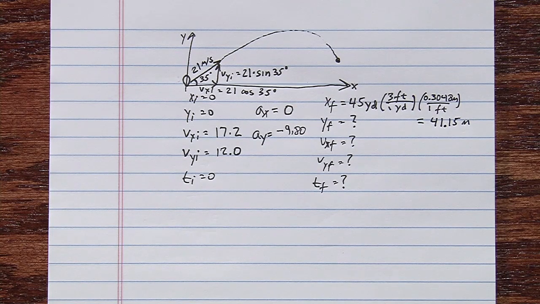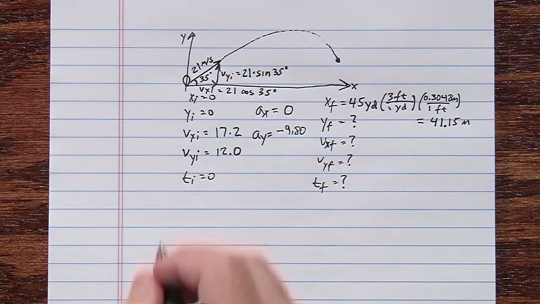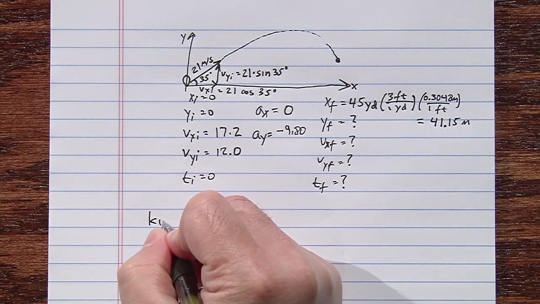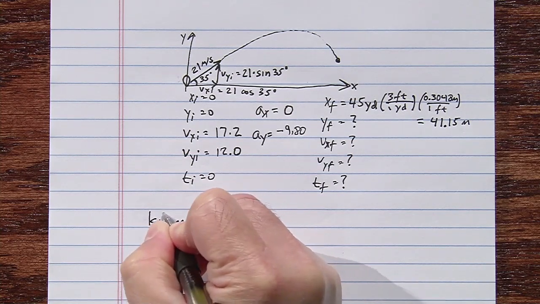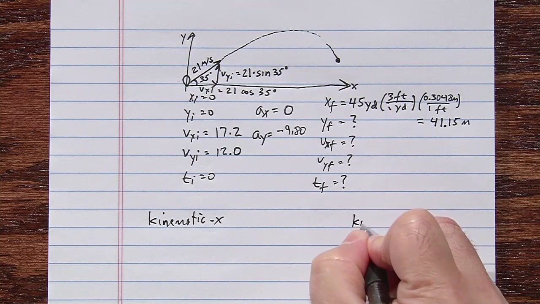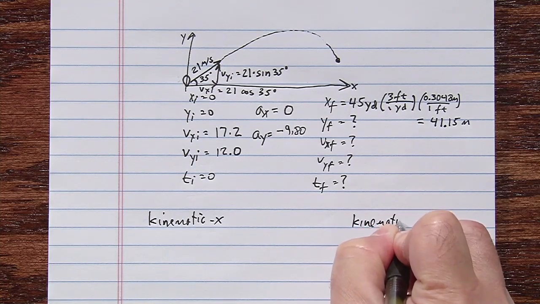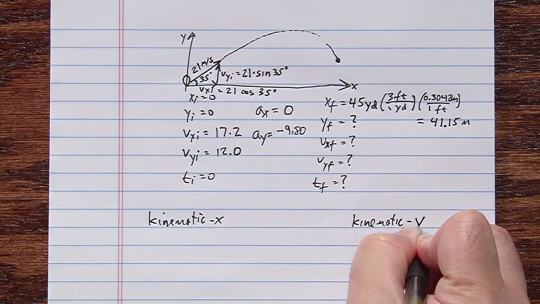So now we have gotten all of the information that we can out of the statement. This is a kinematic situation. So we have kinematic equations in the X direction and kinematic equations in the Y direction.